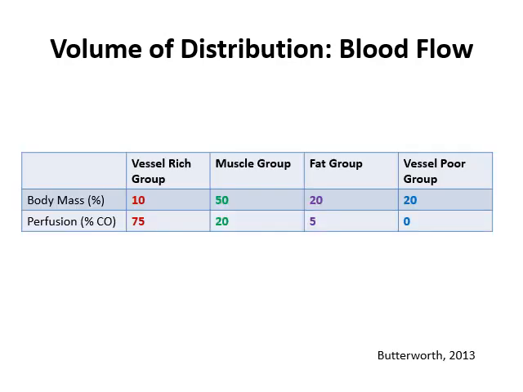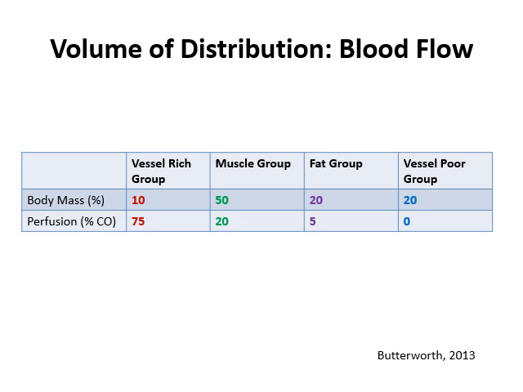So to reiterate blood flow, you see here that the vessel-rich group receives 75% of cardiac output, but only has 10% of body mass, versus the muscle group, which has 20% cardiac output and 50% body mass, all the way down to the fat group at 5% cardiac output and 20% body mass.